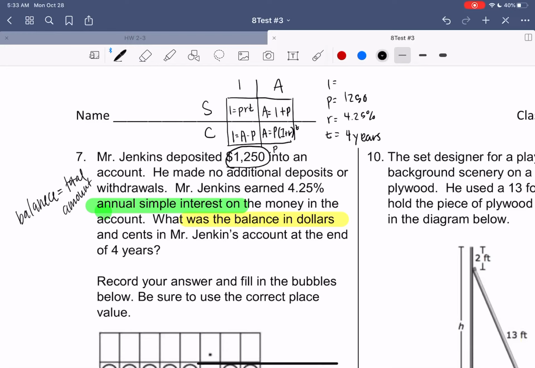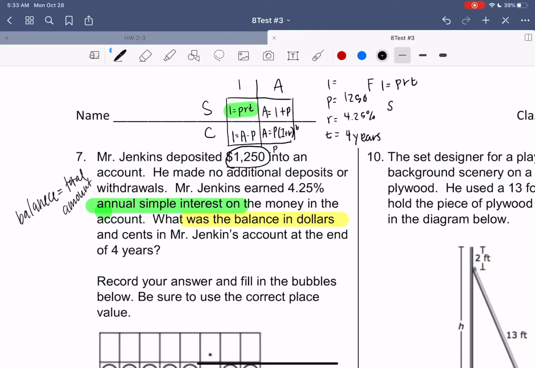And something to point out with this chart, we have to find this one first, simple interest first. So we will substitute the formula I equals PRT.